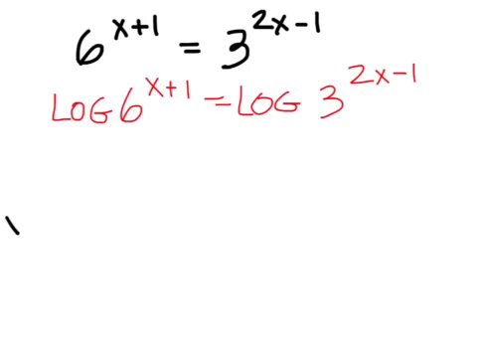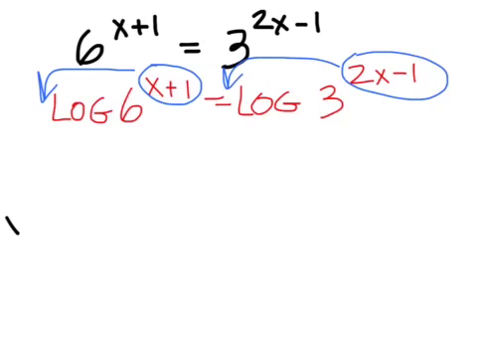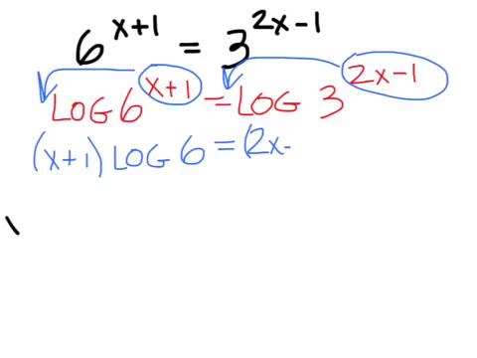From there, you're going to move the exponents out to the left of the log in parentheses. So it'd be the quantity of x plus 1, close the quantity, times log 6, and set that equal to the quantity of 2x minus 1, close the quantity, times log 3.